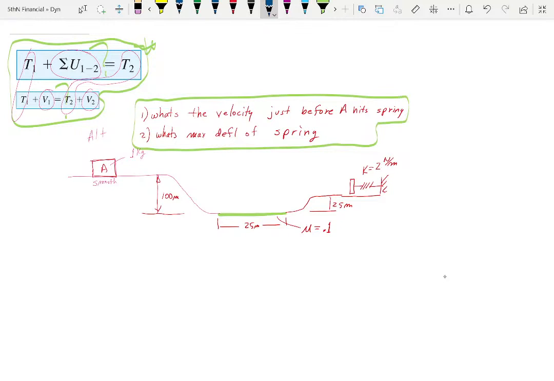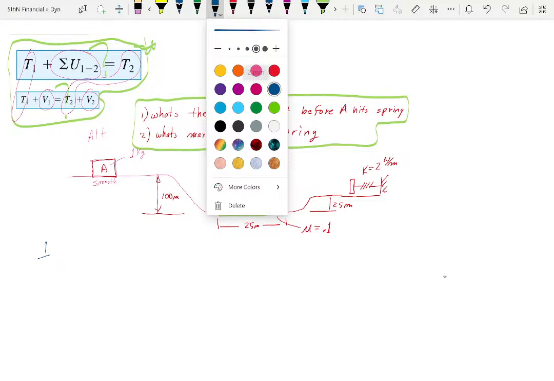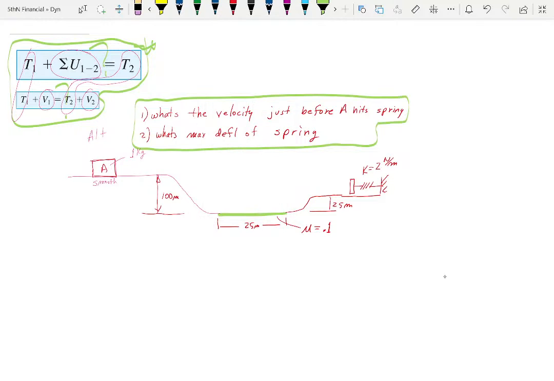First, let's identify all the different types of energy that might be put in here. I've got a 1/2 mv squared. Those are all the kinetic energies. And then I have 1/2 K times some deflection squared.